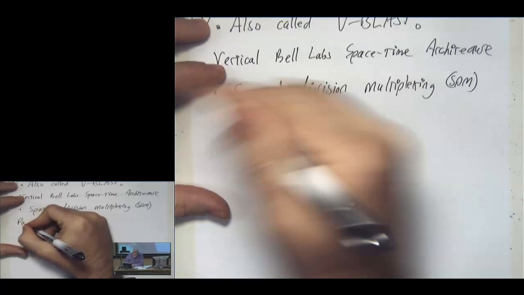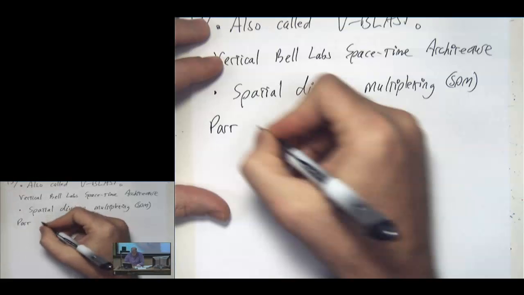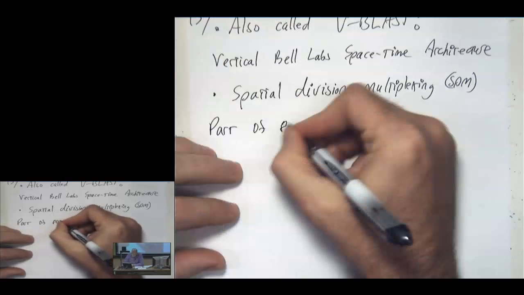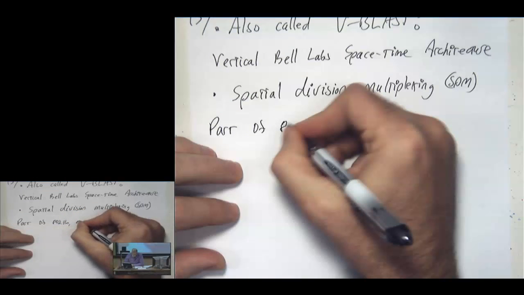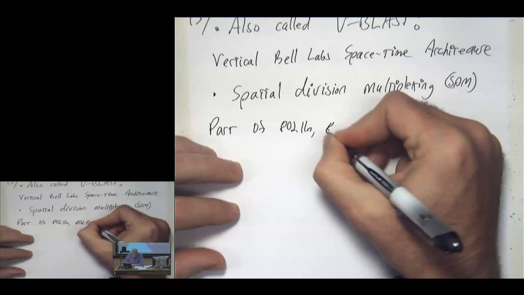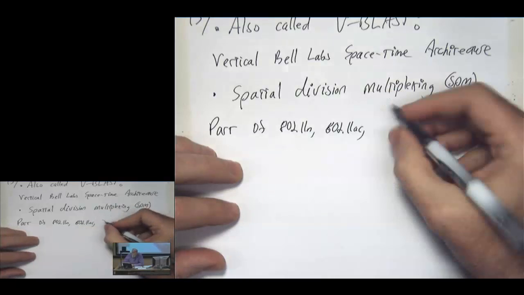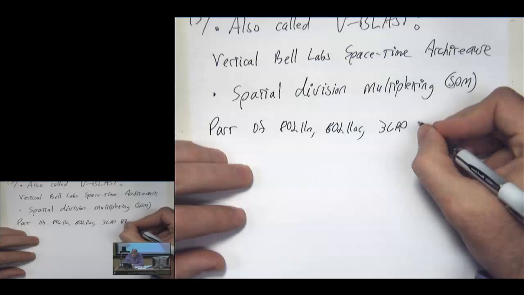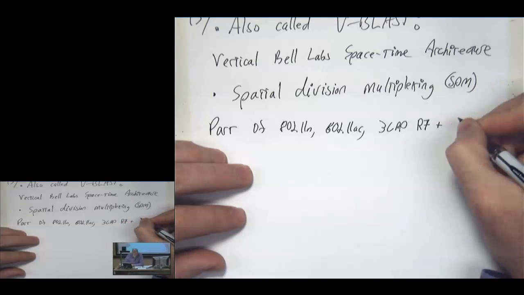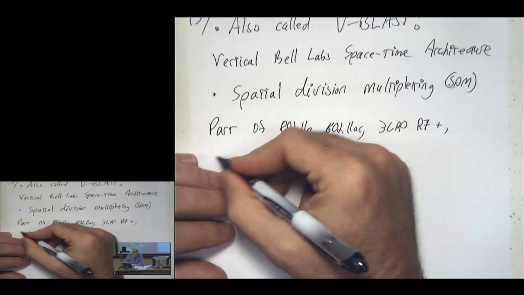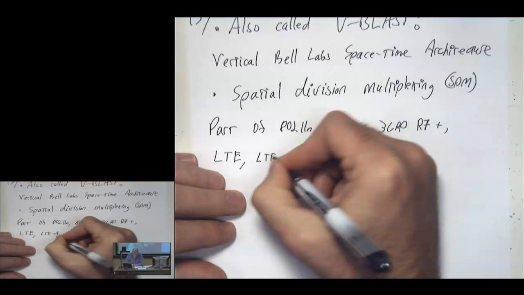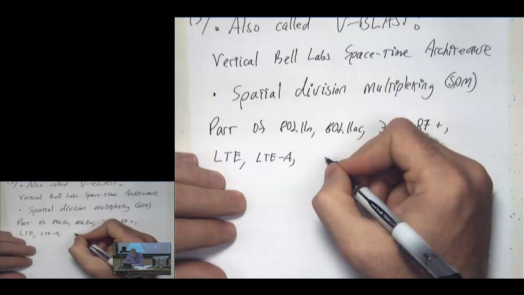Now, the spatial multiplexing concept is part of 802.11n, 802.11ac, 3GPP starting from release 7 and up, and it's part of LTE-Advanced. It's one of the distinguishing features of 4G, et cetera, here.